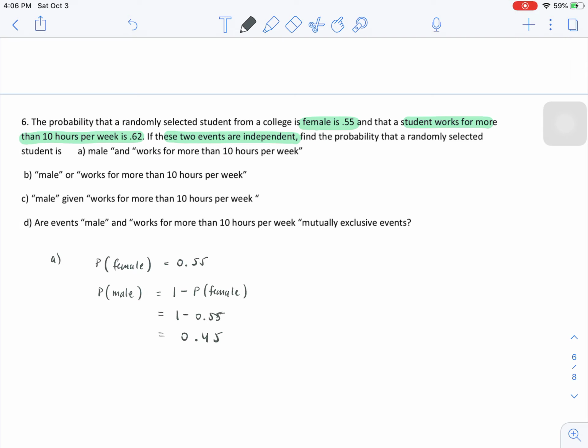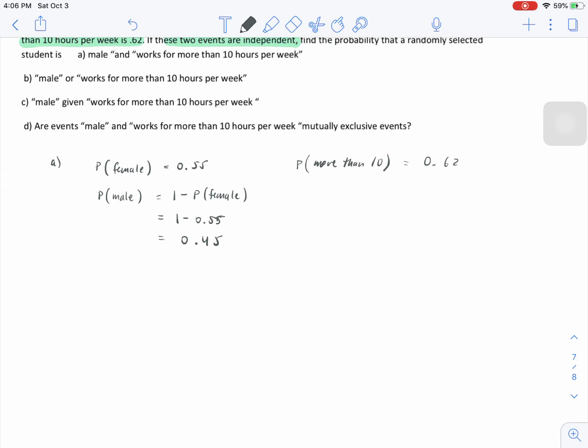We're also given that the probability a student works for more than 10 hours is 62%. And we are tasked in part A with finding the probability that a student is male and works more than 10.